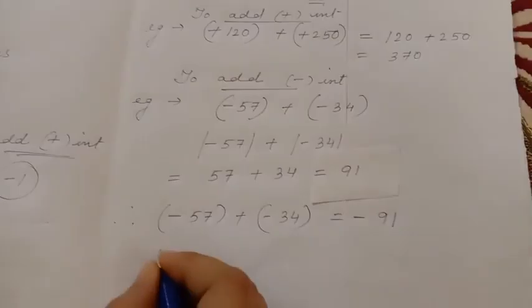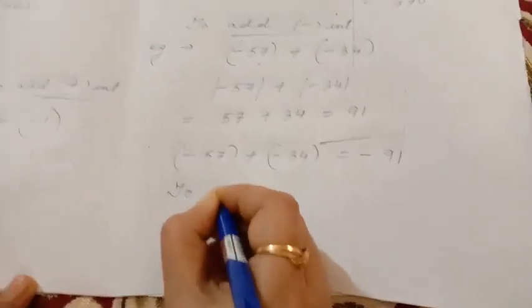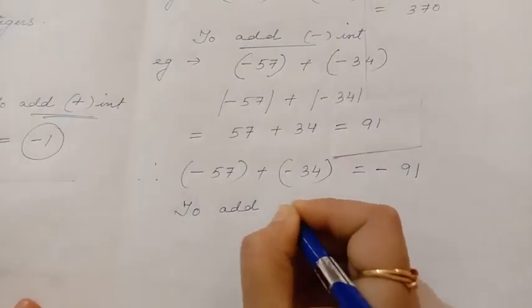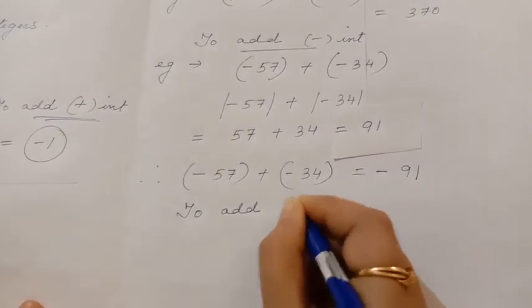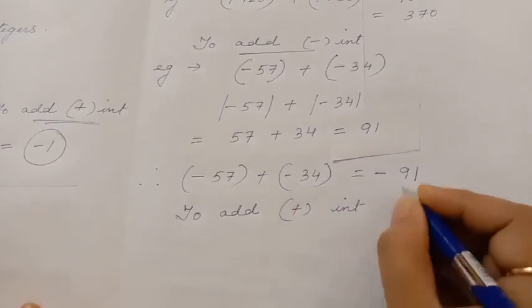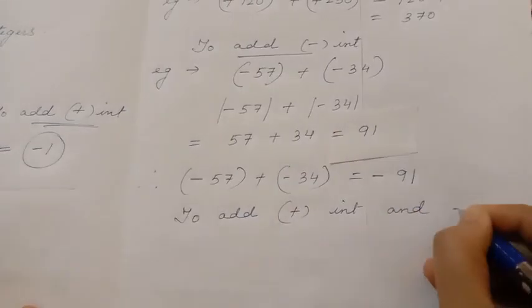Now next is to add a positive integer and a negative integer.